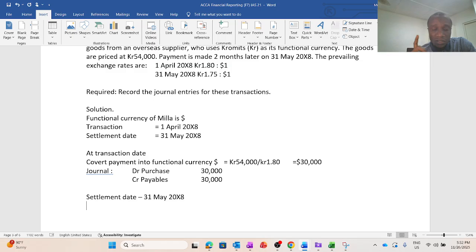So now, on the settlement date, we need to convert the same amount, the payment, using the spot rate.